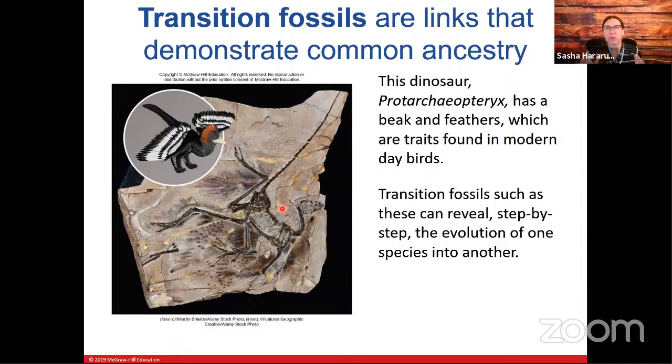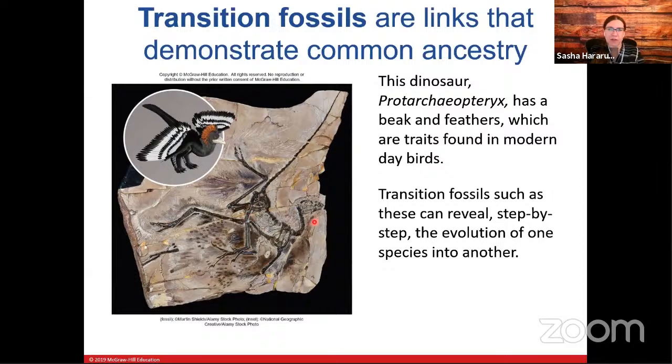The combination of dating the fossils and comparing their anatomy allowed researchers to build some evolutionary trees, and to hypothesize how life evolved on Earth. So this is an example of a transition fossil, a fossil of a dinosaur called Protarchaeopteryx.